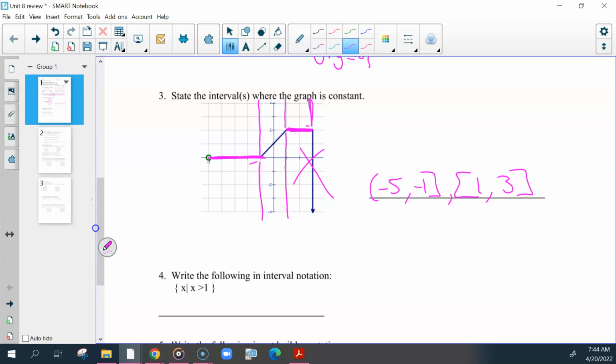So then you have to put the interval where those are, only using your x values. So you would look at the x value starting here, which is -5, and where does it stop at -1. Here this is open, that's why this is a parenthesis. And this doesn't have an open circle, so we can assume it's closed, that's why it has a bracket. And then the same thing for this one. This starts here at 1 and ends here at 3. And they're both included.